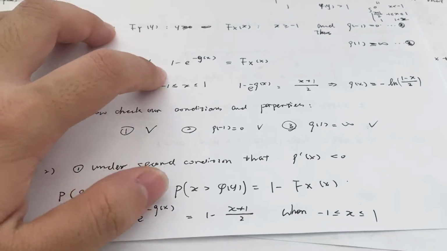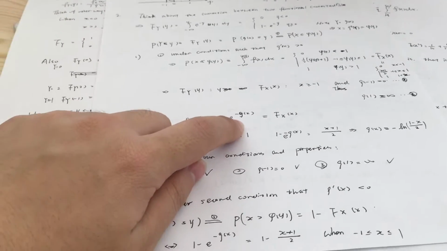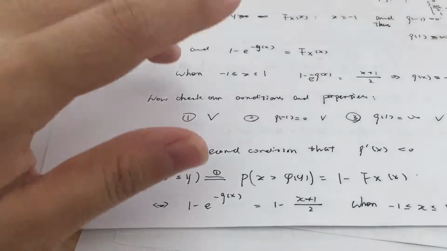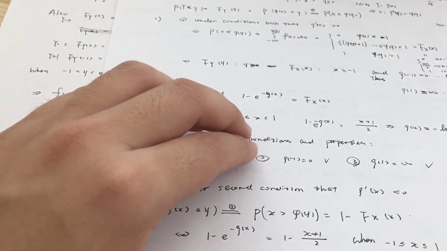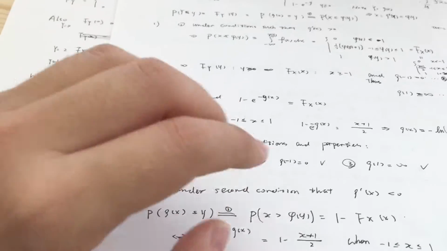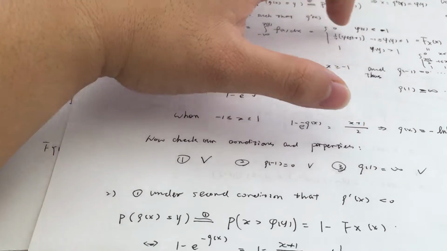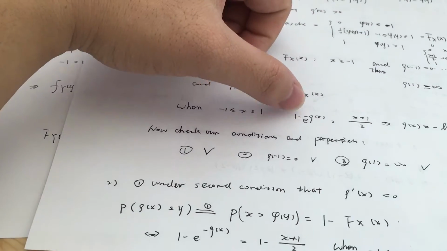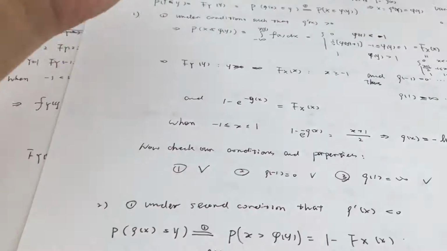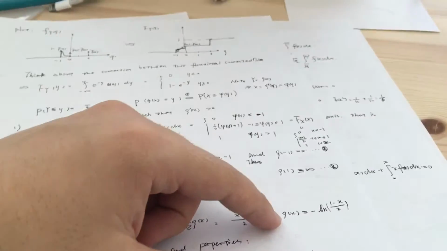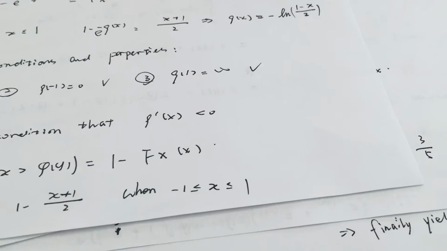And this time the capital F_Y is 1 minus e to the power of minus g(x) when x is in the interval -1 to 1. From this formula, 1 minus e to the power of minus g(x) equals (x plus 1) over 2. So we can solve g(x) as minus ln of (1 minus (x plus 1) over 2).